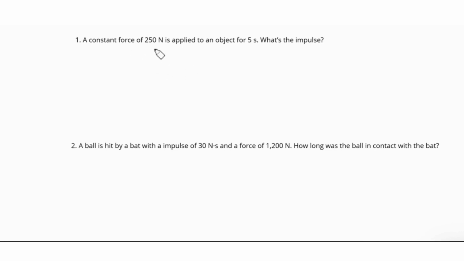We have a force of 250 newtons applied to an object for 5 seconds. What's the impulse? That's pretty straightforward. J is equal to F times T, so it would be 250 newtons times 5 seconds, which gives me 1250 Newton seconds. So that would be the impulse applied in this case on some object.